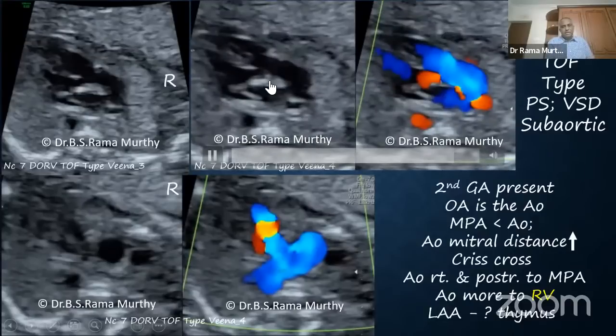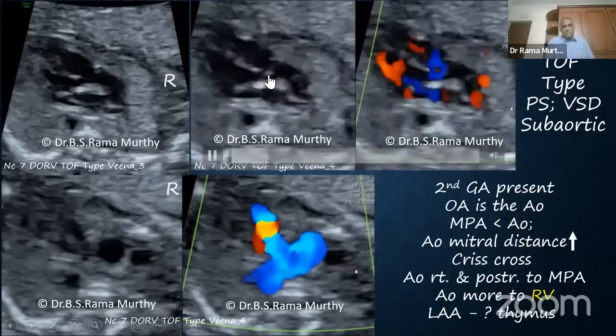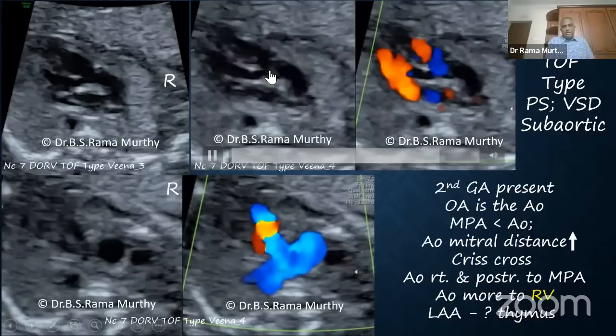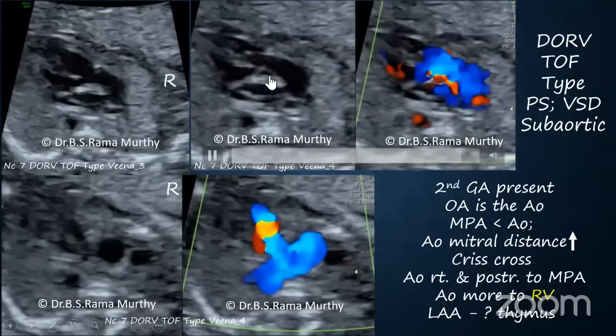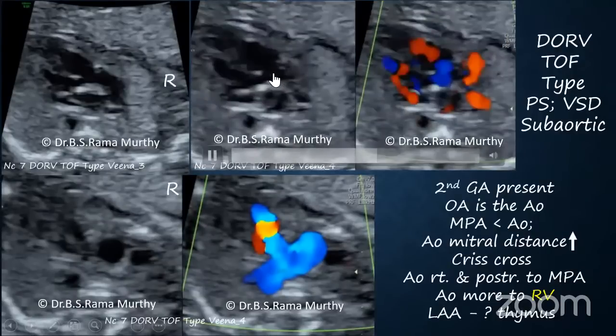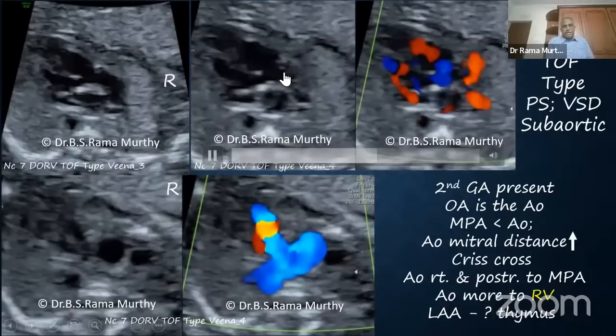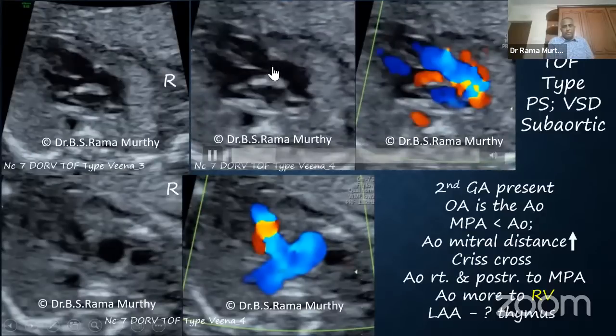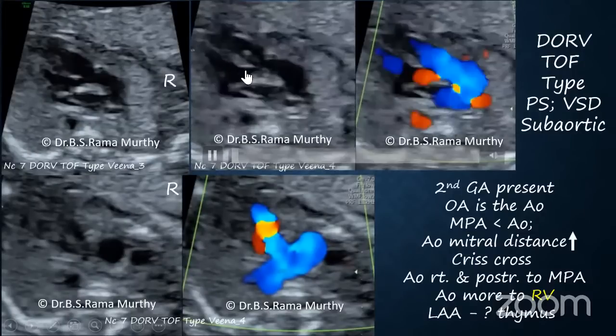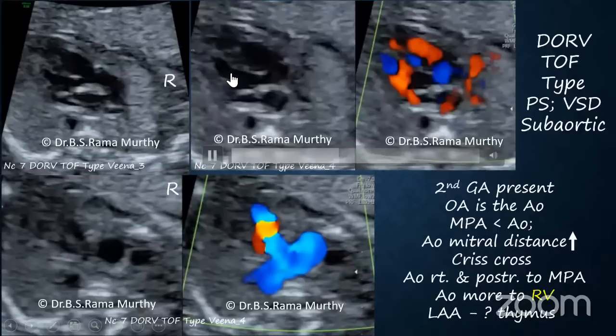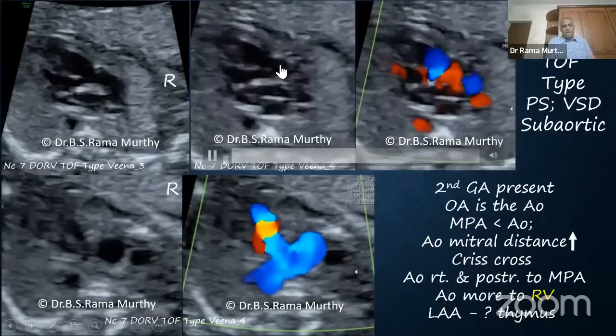Overriding aorta. No, that's the aortic valve, because this is aorta, isn't it? Yes. And I want you to see that the aorta is more committed to the RV, less committed to the left ventricle. Therefore, this is a DORV.